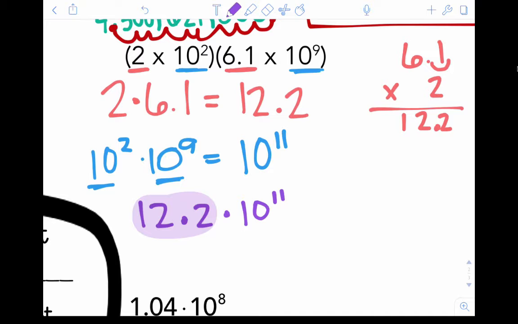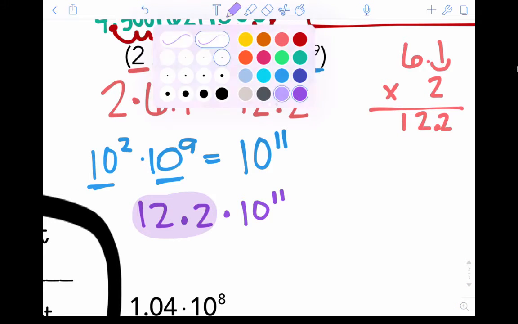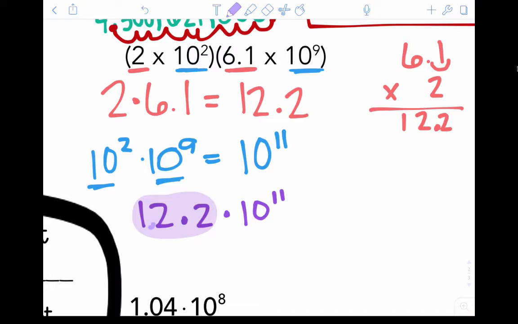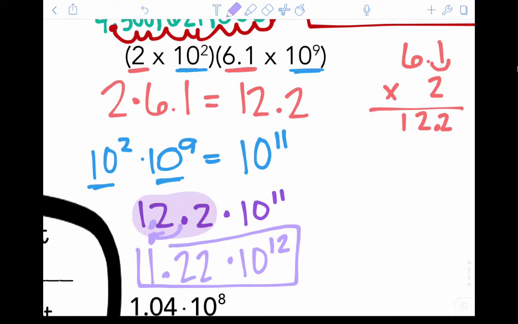In order to get that number between 1 and 10, my decimal needs to move here. So I need to write this as 1.22 times 10, and my decimal moved over once, so I need to change my exponent. The final answer is 1.22 times 10 to the 12.